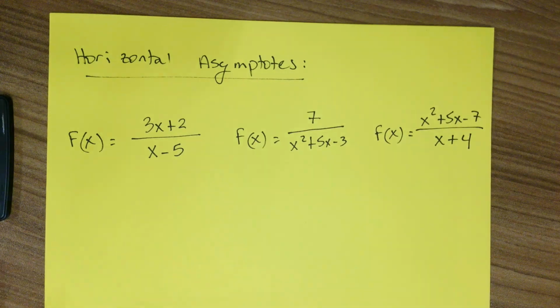All right, so as far as the degrees or the highest exponent for the polynomials that make up the rational functions, there are 3 possibilities.